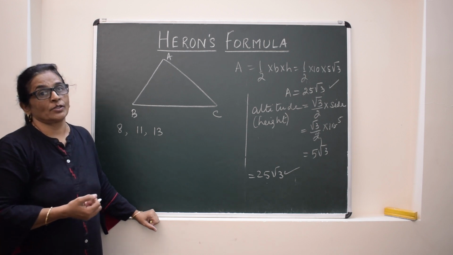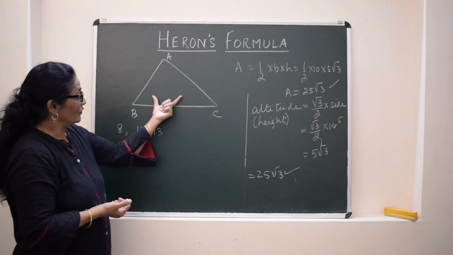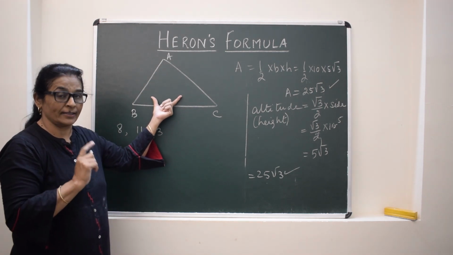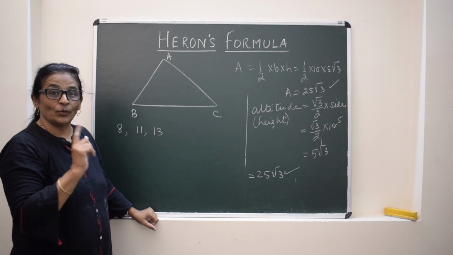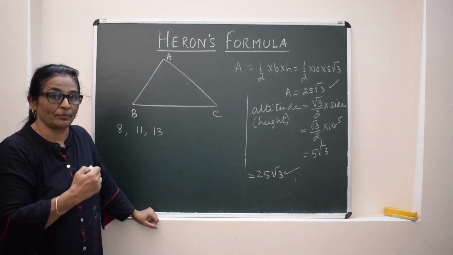Then comes Heron's formula. Heron's formula is used whenever we know only the sides and we don't know the height. Actually, there is one way to calculate the height, but that is based on the geometrical part.